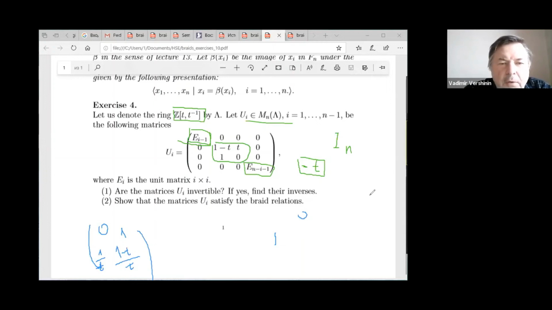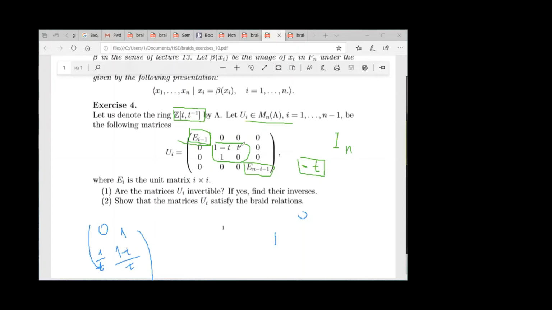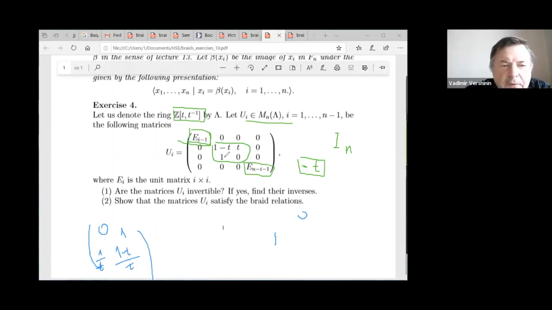So now, can you try at least some entries, or maybe we have no time. Maybe the sign. No, this is okay. This is 0, then yes, it should be.